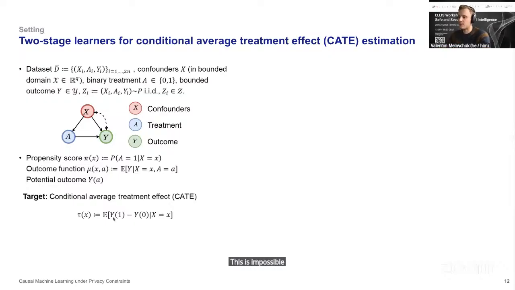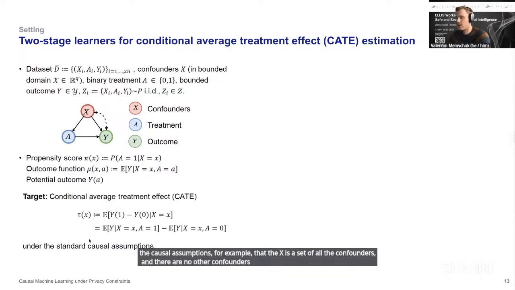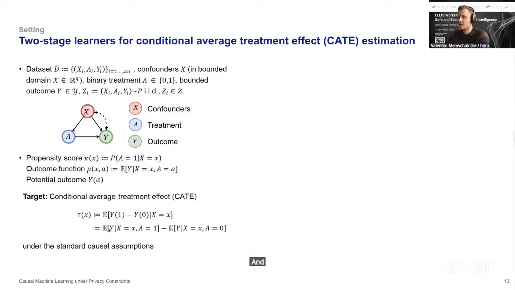So we need to make a causal assumption, for example, that X is the set of all confounders and there are no other confounders. Under those assumptions, we can reduce it to the difference in the conditional outcome functions, or conditional means of the outcome.